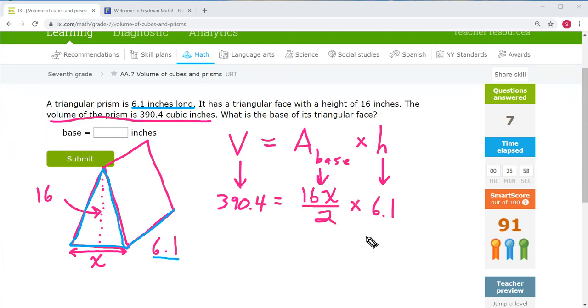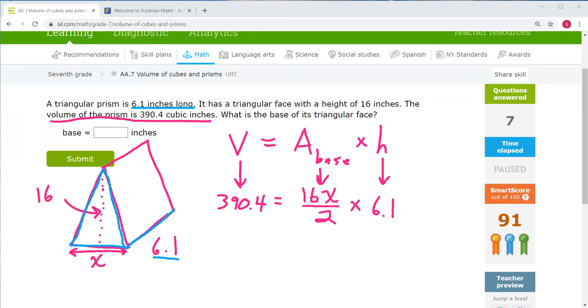And when we solve this whole messy looking equation, then we're going to have figured out what the length of this triangle is, or as IXL calls it, the base of the triangle.